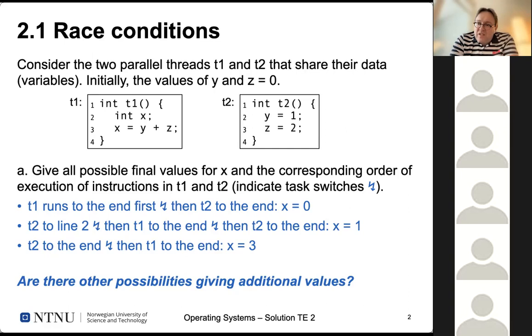Volatile would actually change this, and on Intel, the memory model is total store order. So you don't think we could get x equals 2, but on ARM you would get it. These are really important details, which are a bit advanced for this semester, I'm afraid. So this needs to be discussed, definitely. But there may be other possibilities giving additional values.